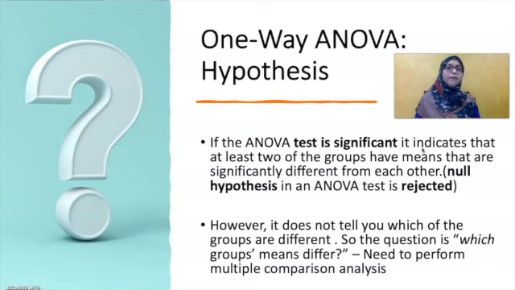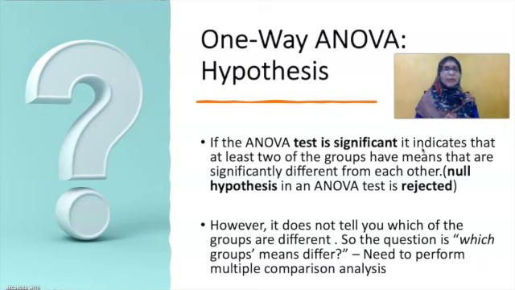However, it does not tell you which of the groups are different. So the question is which group means differ from one another. You need to perform a multiple comparison analysis. In the next video, I will teach you how to perform a multiple comparison analysis for one-way ANOVA. I repeat, in hypothesis testing, if your p-value is less than 0.05, your ANOVA test is significant.